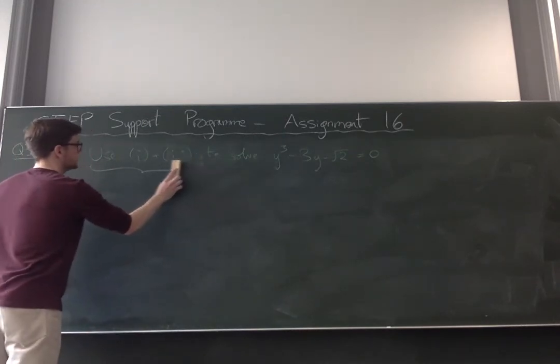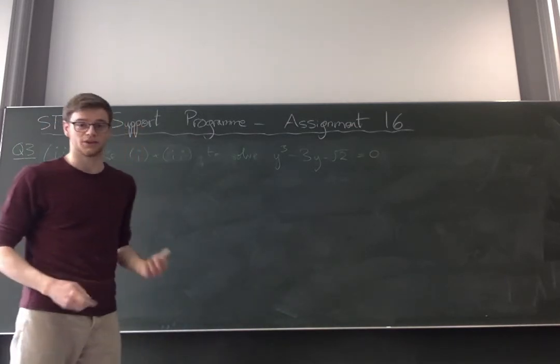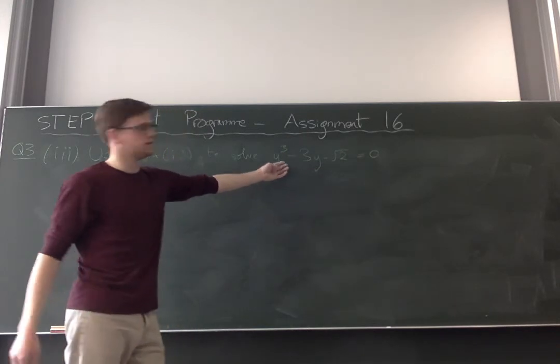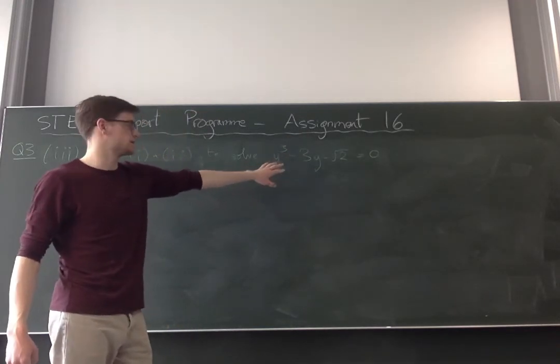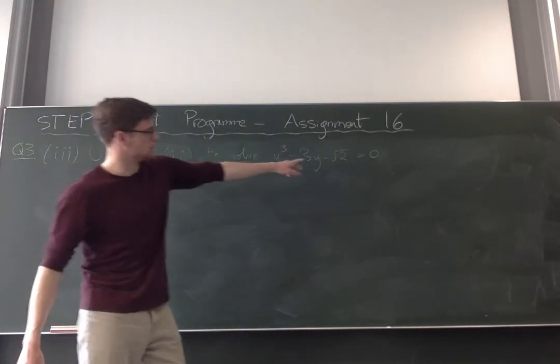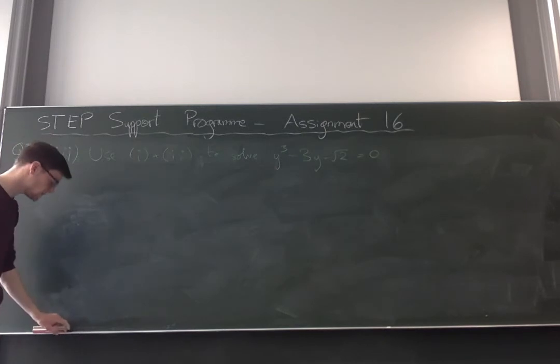Now, the second thing is, thankfully, it seems like we have a good chance of using parts 1 and 2 because we're being asked to solve a cubic that doesn't have a non-zero quadratic coefficient, and we've just done that in part 2. There's a surd in the constant term, there was a really weird constant term in the last thing, so we're looking good.